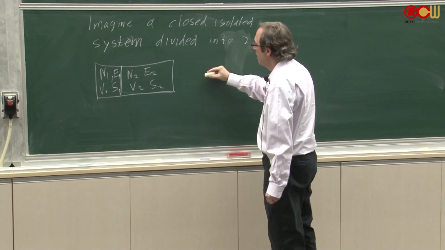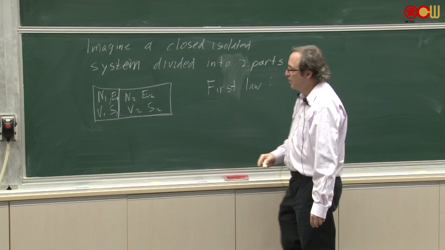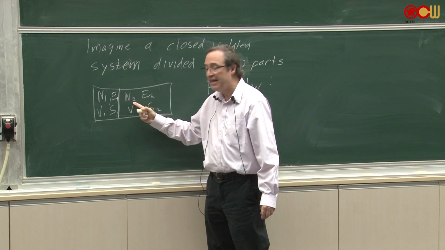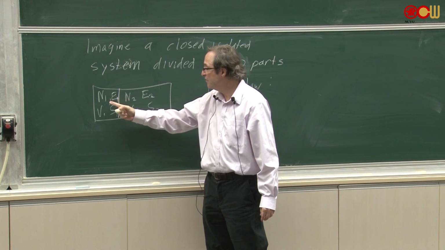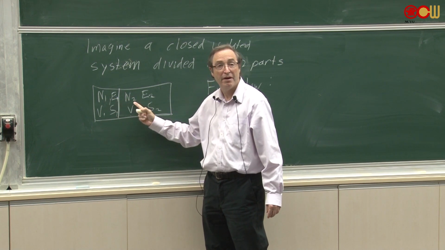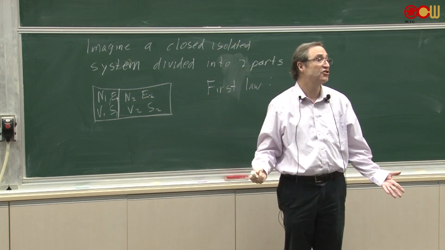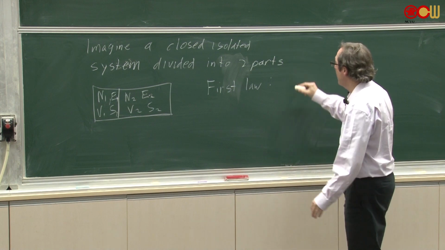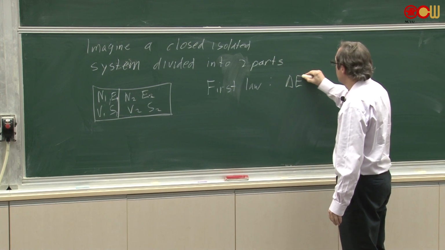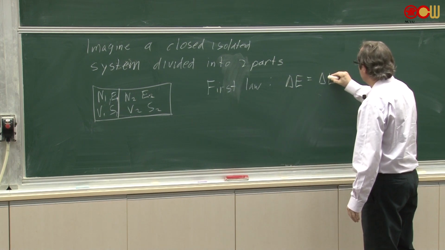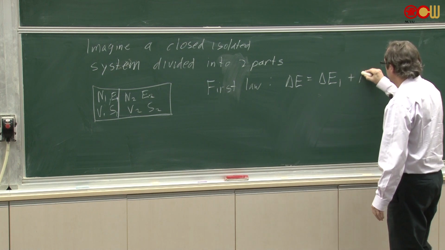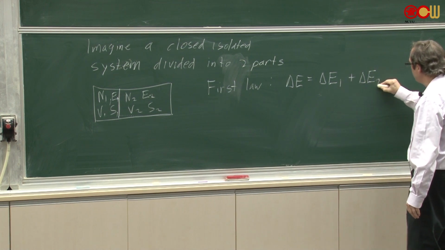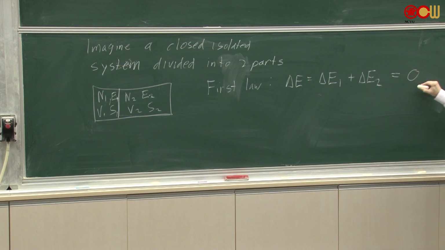All right. So from the first law, if the energy flows from here to here, then this energy will go down, that'll go up, but the total change in energy is 0. Right? So we have delta E equals delta E1 plus delta E2, and that's got to equal 0.